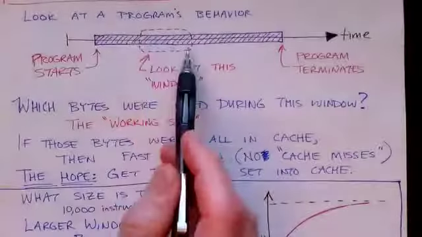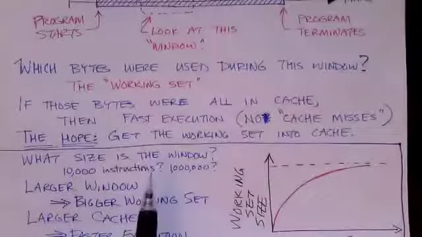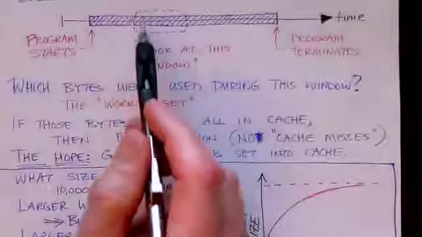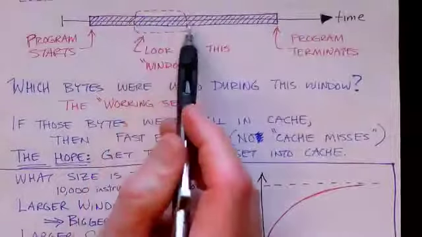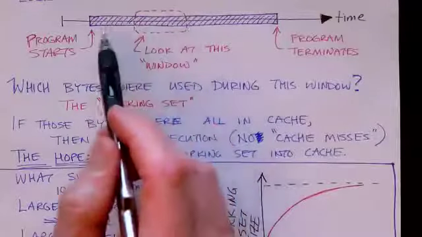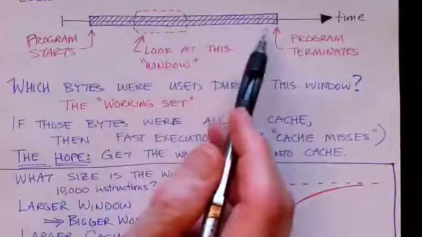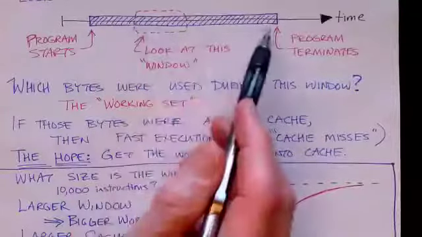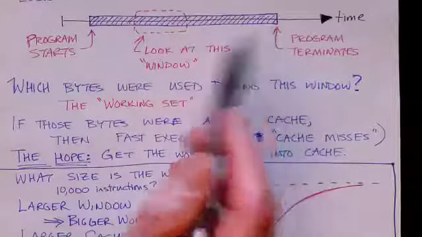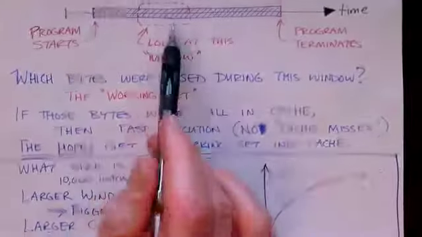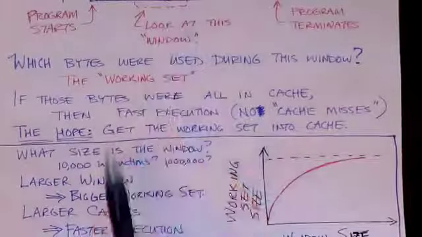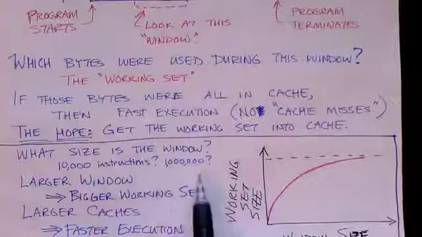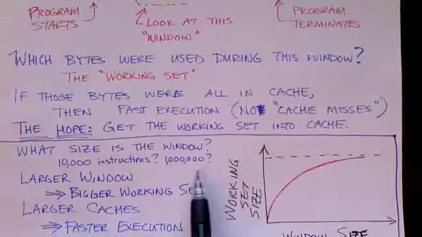We can also ask about how big the window is. How large is this window? We might measure it in terms of the number of instructions that are executed. Perhaps the program executes 1 billion instructions from beginning to end. Well, how big is the window size? Maybe it's 10,000 instructions, or maybe it's 1 million instructions, so it's a larger window.